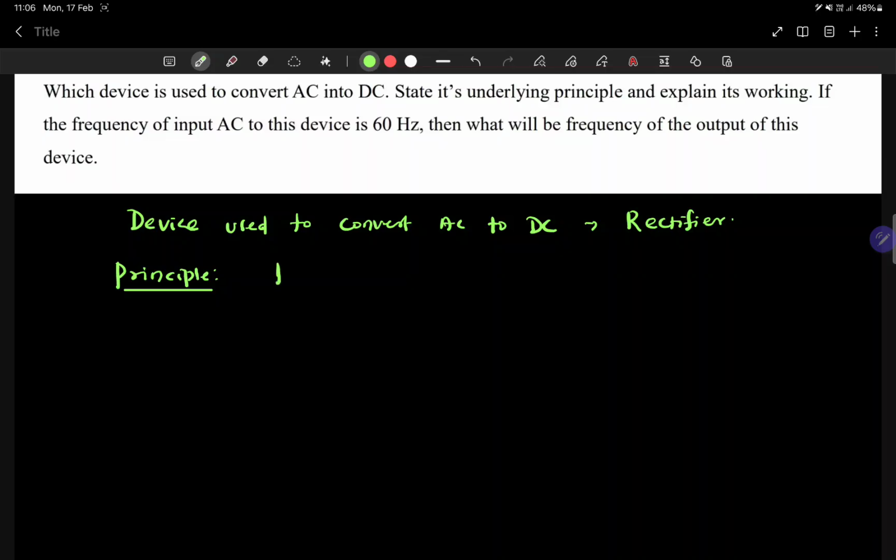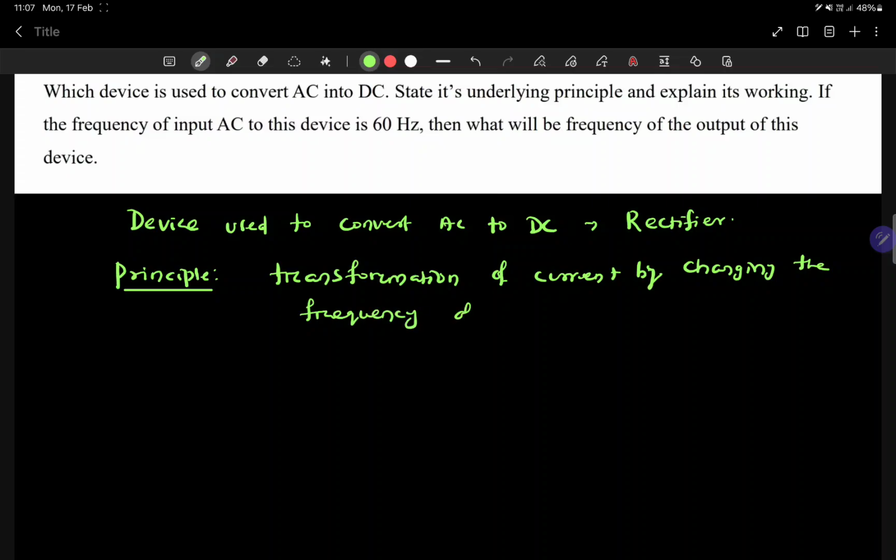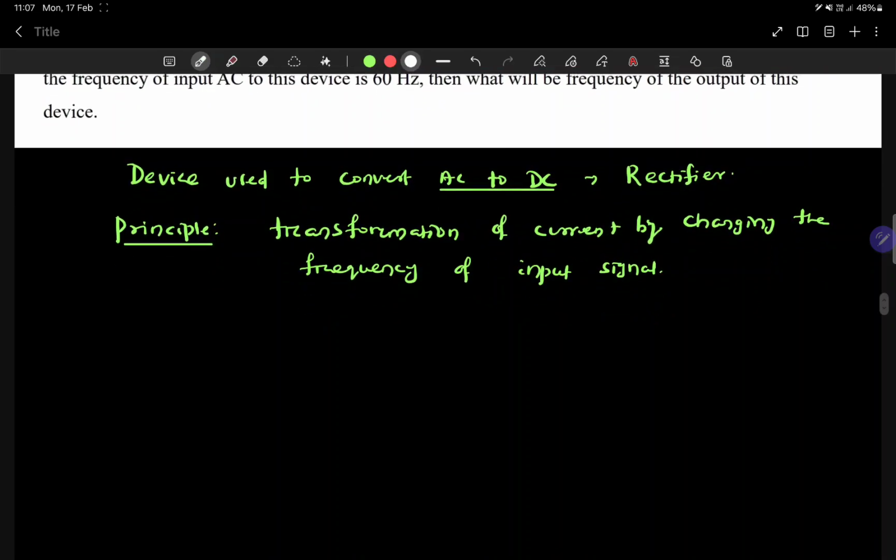So in principle you have to write: transformation of current by changing the frequency of input signal. I hope it is very clear to all of you. So as it converts AC to DC, it transforms the current by changing the frequency of the signal.